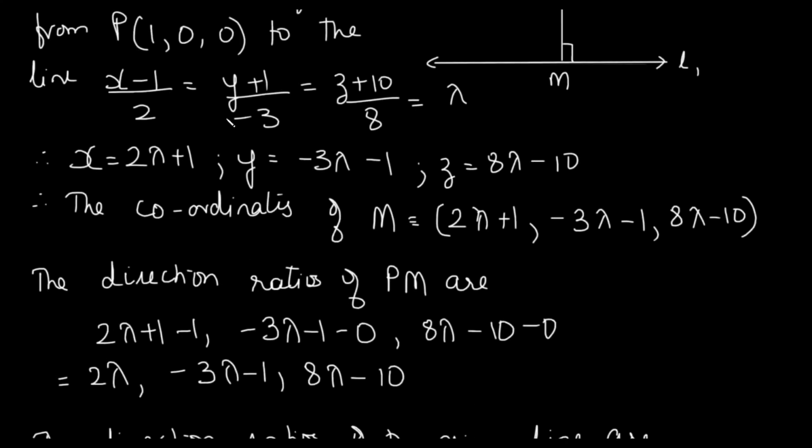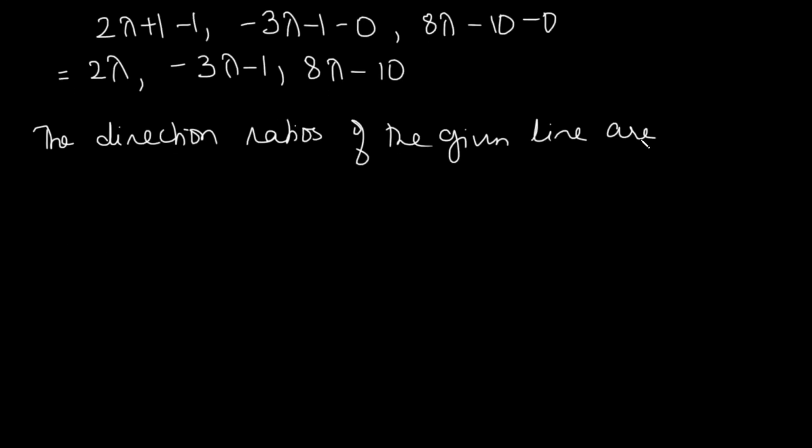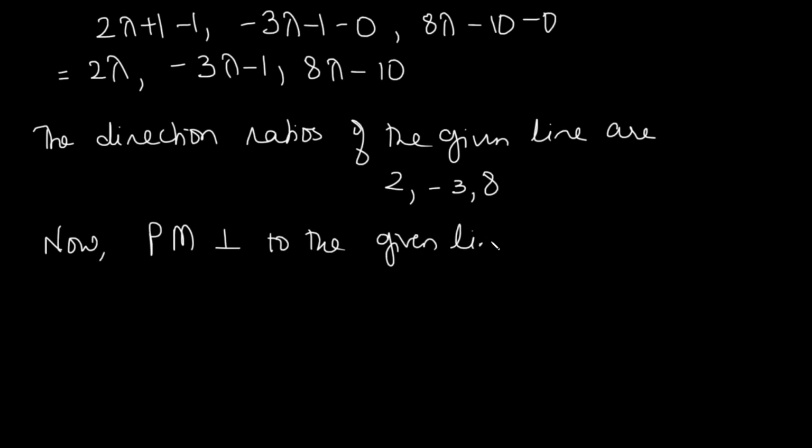From the previous lectures, you must be knowing that from this given line we can find the direction ratios of the line, which are the denominators, that is 2, minus 3 and 8. Now we have PM perpendicular to the given line.